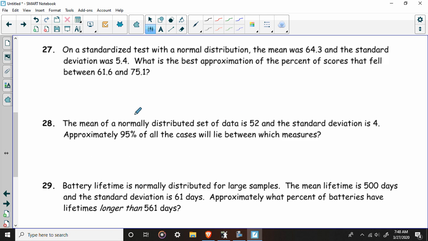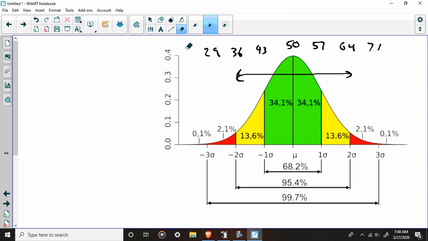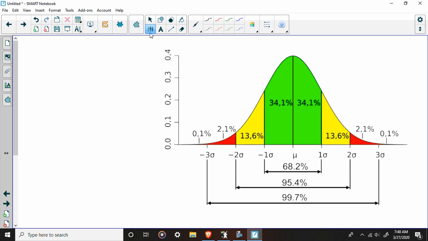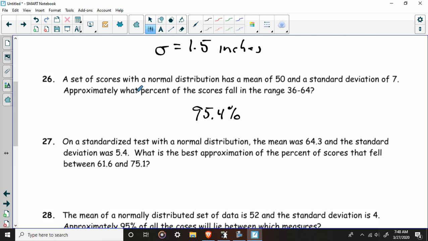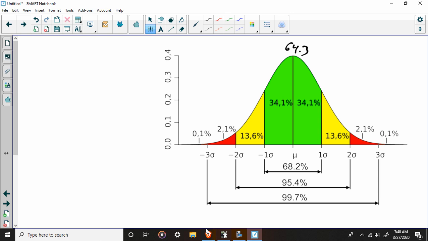On a standardized test with a normal distribution, the mean was 64.3 and the standard deviation is 5.4. So again, we've got 64.3, and they told us it was 5.4. Okay.